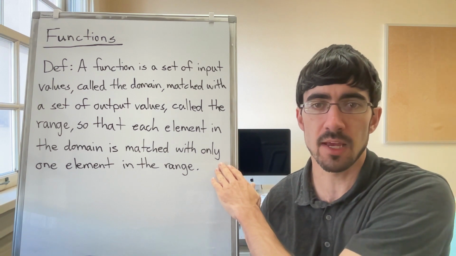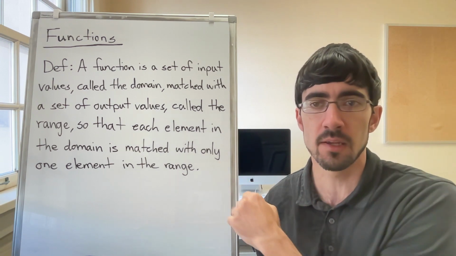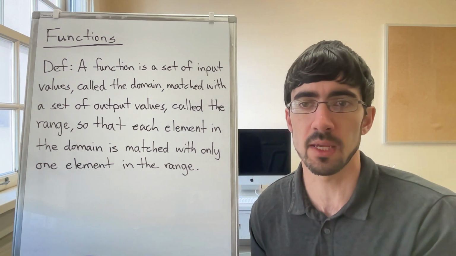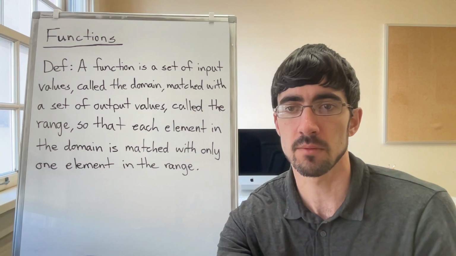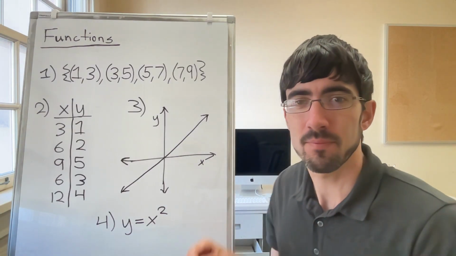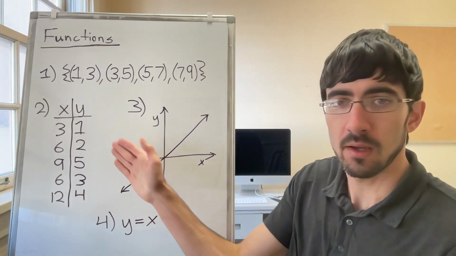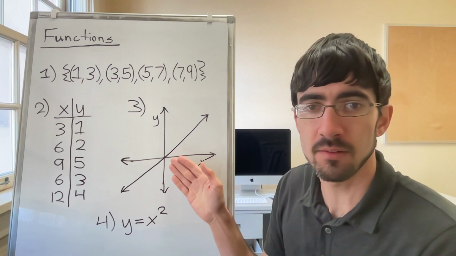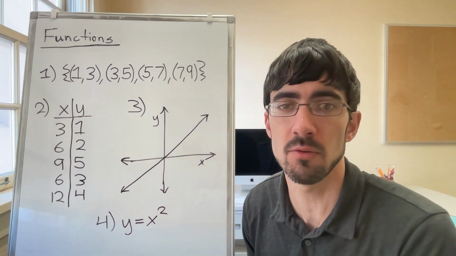So here is the test that we will apply when we begin to look at examples. Is each element in the domain matched with only one element in the range? Relations can be represented in different ways, as sets of ordered pairs, as a table of values, as a graph, as an equation, just to name a few.